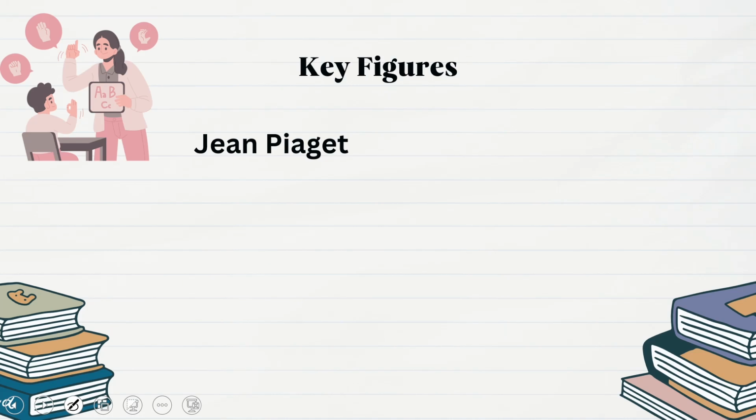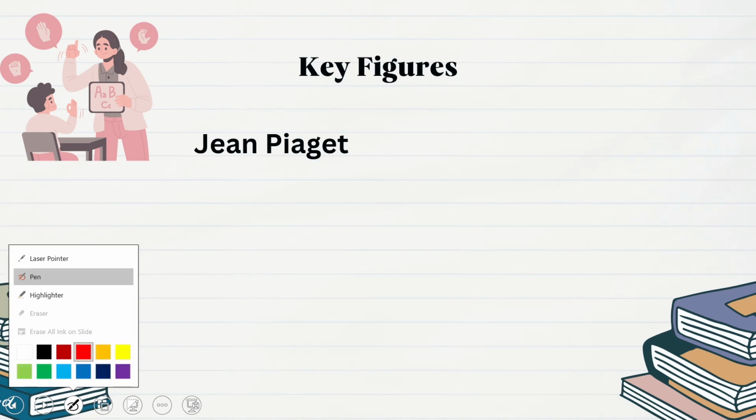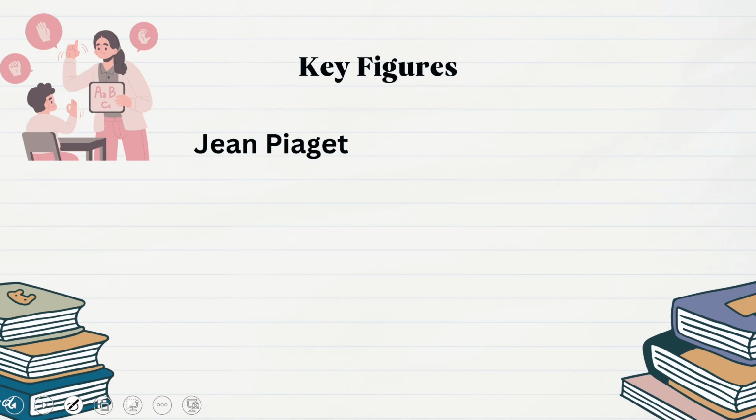Here we see that the key figures of this constructivist theory are Jean Piaget and Lev Vygotsky. Piaget was a Swiss psychologist who is known for his theory of cognitive development.